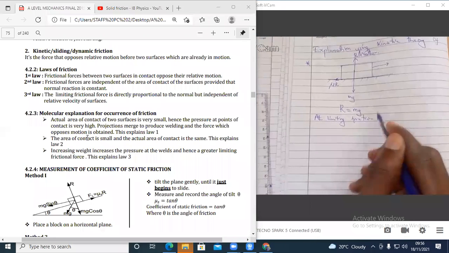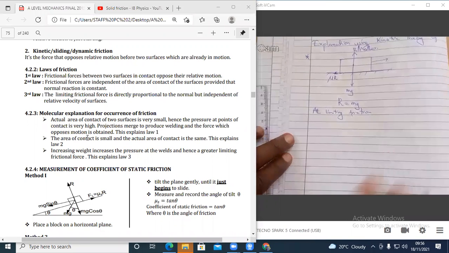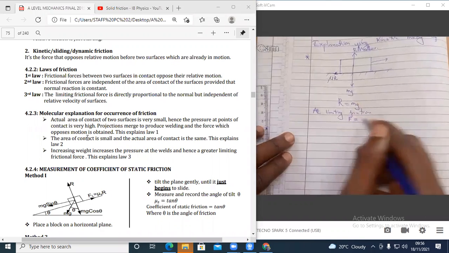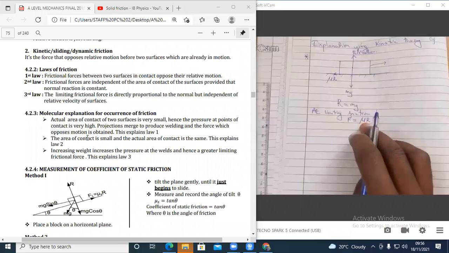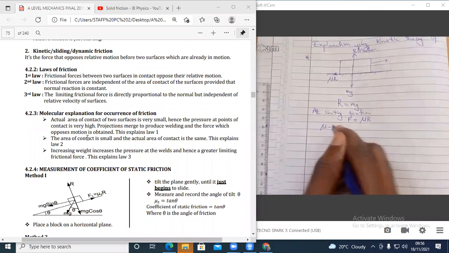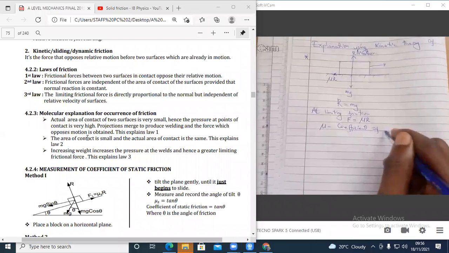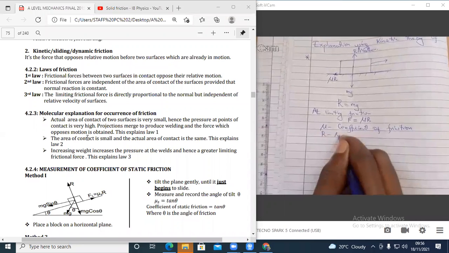Limiting means the maximum frictional force between two surfaces in contact, provided the normal reaction remains constant. So at limiting friction, frictional force will be equal to mu R, where mu is the coefficient of friction, and R is the normal reaction.